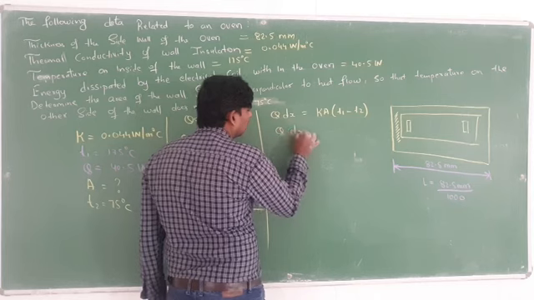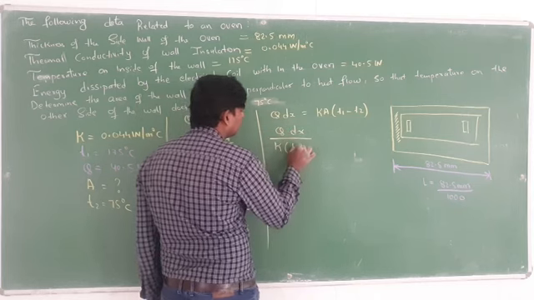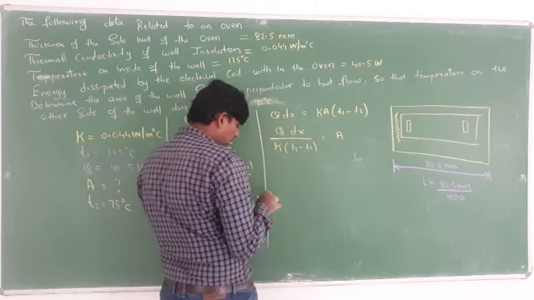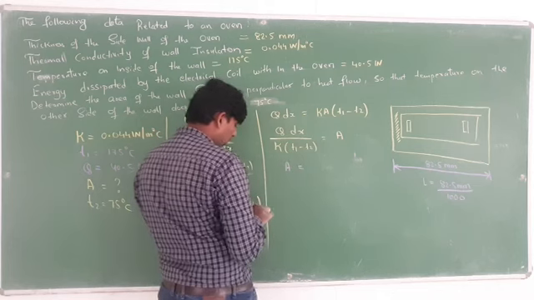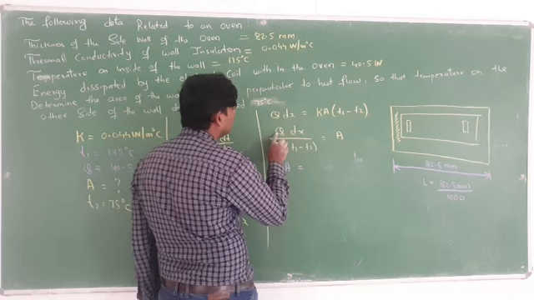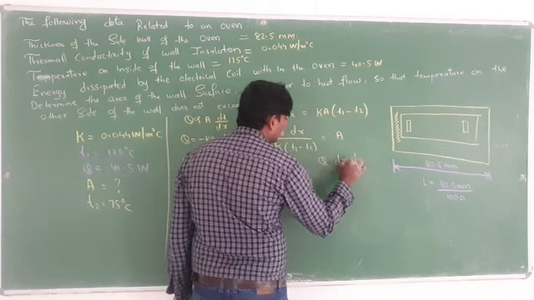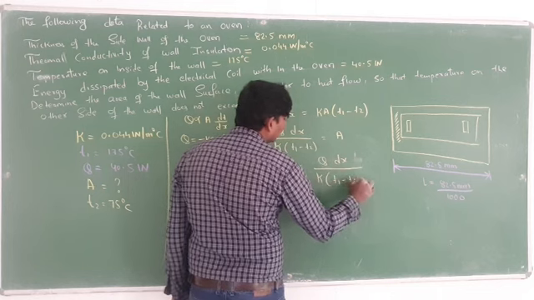Q dx, let it be there only. This K you send this side, and T1 minus T2, is equal to how much? Area. Then area is equal to, you know the value of Q. Let it be first, write this one: Q into dx by K into T1 minus T2.